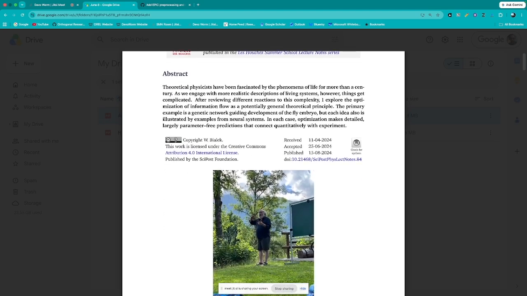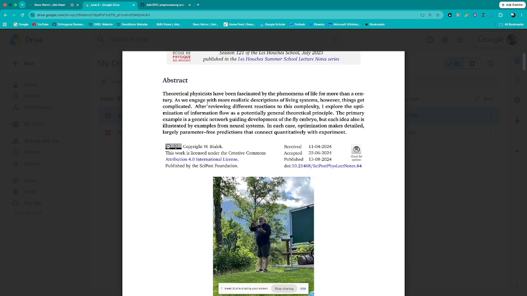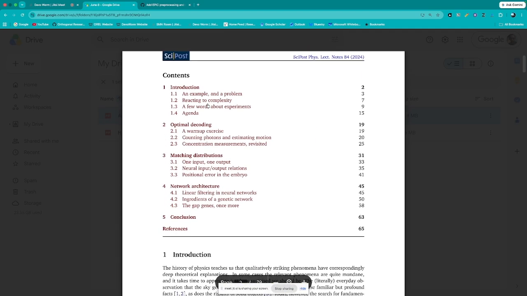He has the abstract, and there's this outline here. So he's framing this problem, reacting to complexity. Then there's optimal decoding, and then he talks a lot about matching distributions, which gets into this positional error idea. So this idea of positional information, and then the corresponding area of the positional error.